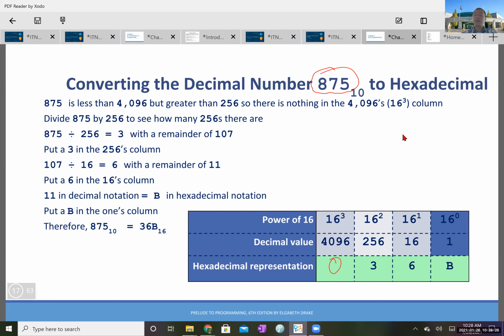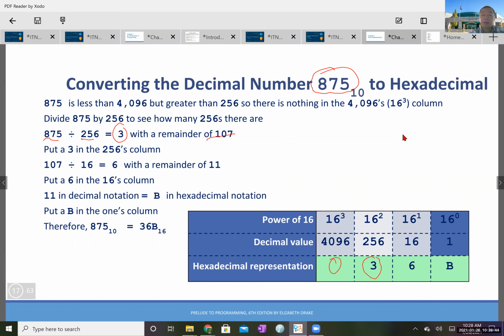So that's why you have the 3 here. Now, when you need the number 3, you see you have 875, you divide by 256, you have the 3 and remaining here, right? So now you know that you need 3 of the 256.